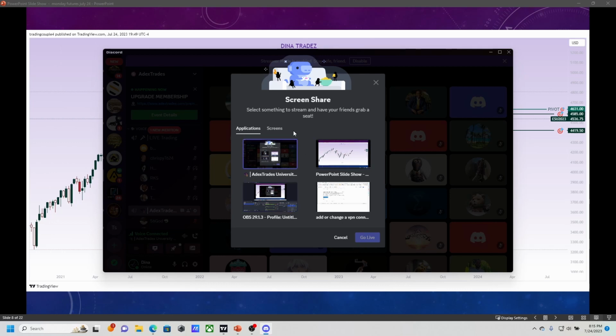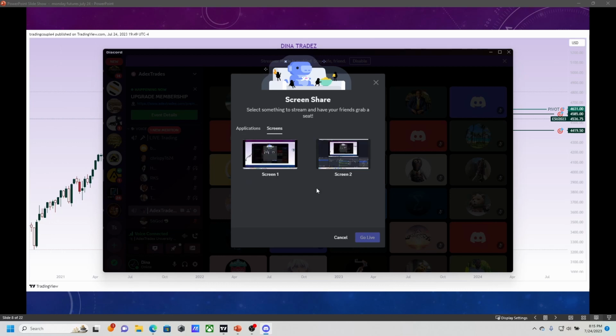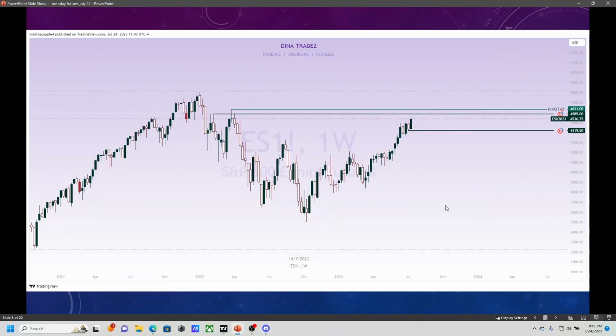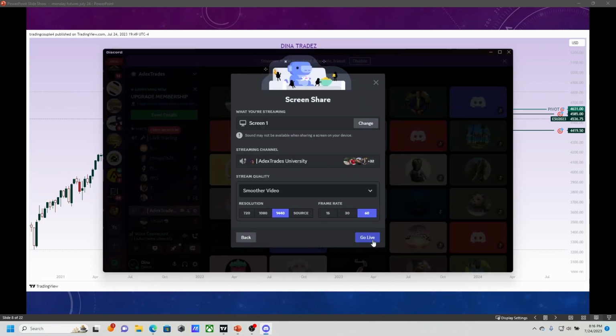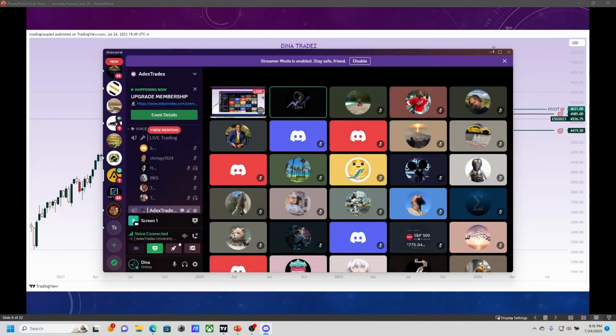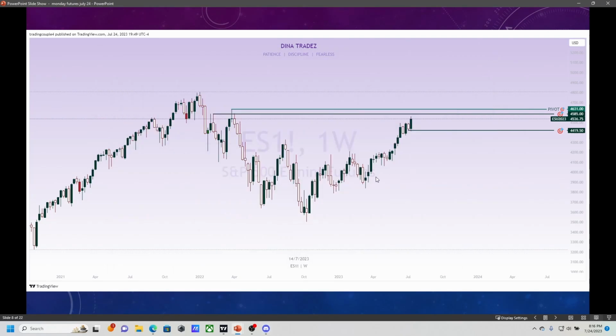Instead of applications, let me do screens. Maybe if I minimize that, everything goes away, because we don't want that. All right, I'm going to do screen 1 again and see if this works. I'm going to minimize y'all. Okay, are you seeing my ES chart now? Yep, and we see your mouse. Perfect. Thank you.